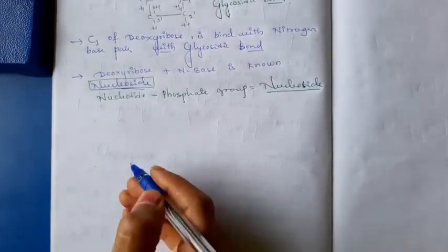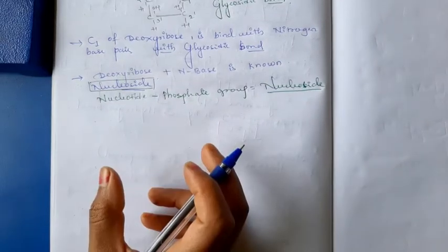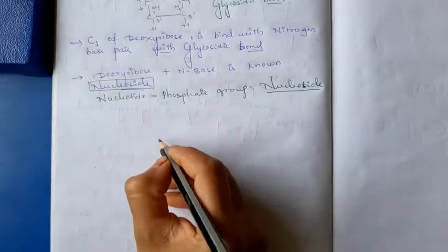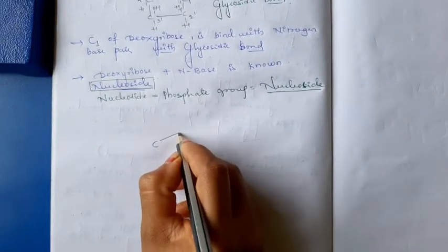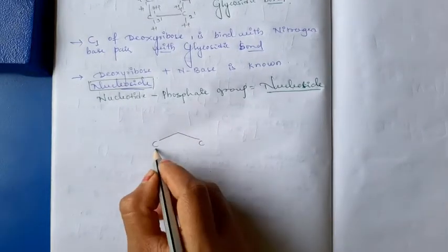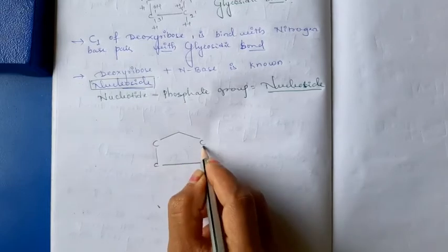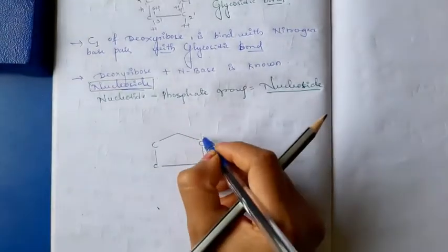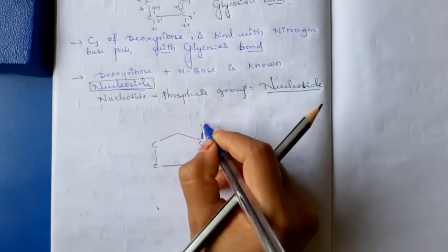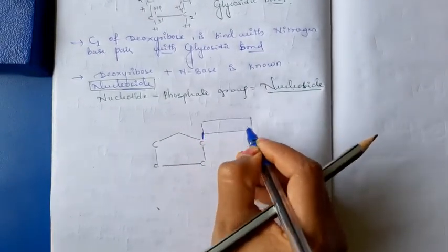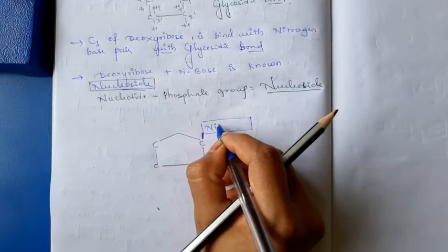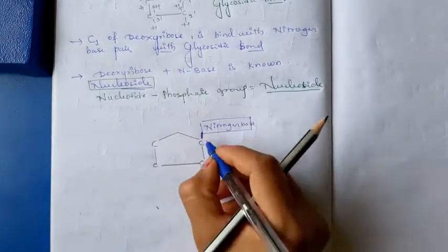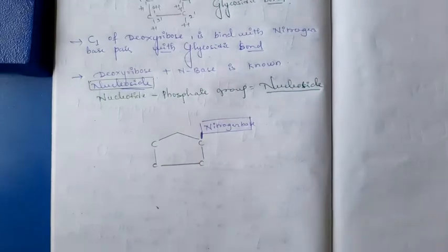Next we can discuss how the nucleotide is going to form. Again I am going to draw the deoxyribose diagram. It is pentose sugar. Here already nitrogen base pair is present, okay, with the glycosidic bond.